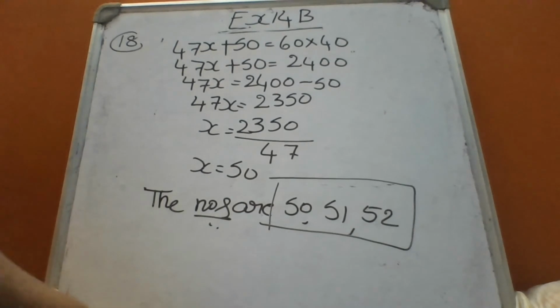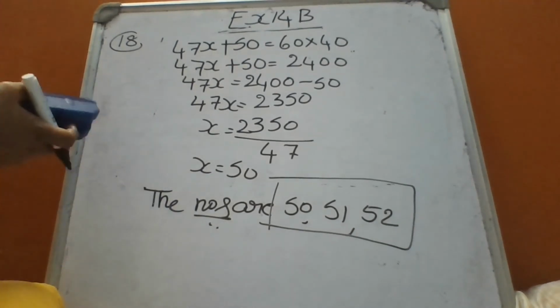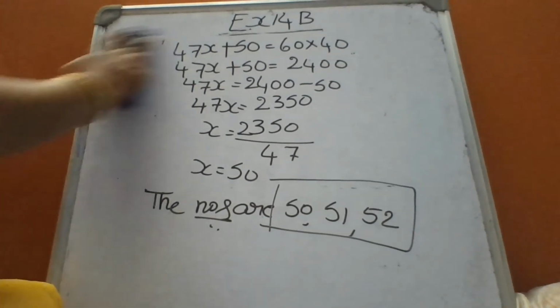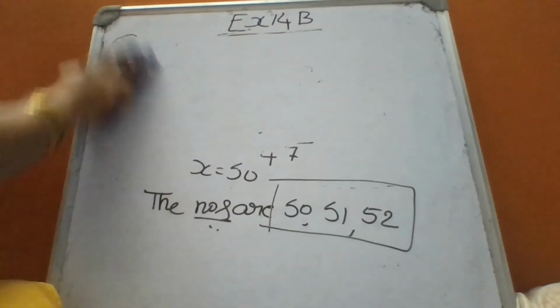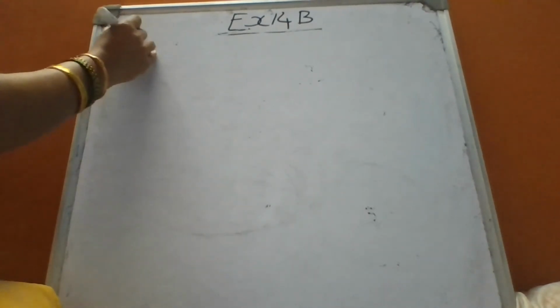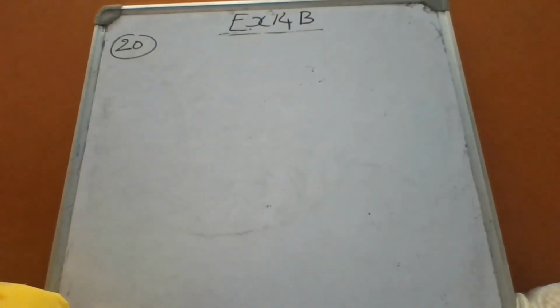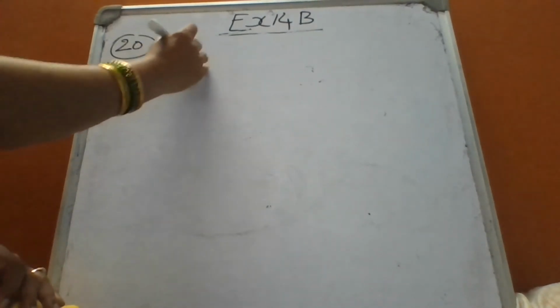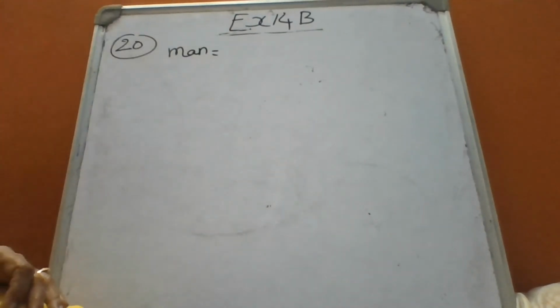Okay. So, now I will be doing one more question from this same exercise. That is the last question from the exercise. So, the 20th one, the question is like this: the present age of a man is twice that of his son.